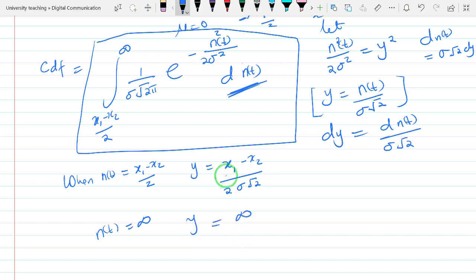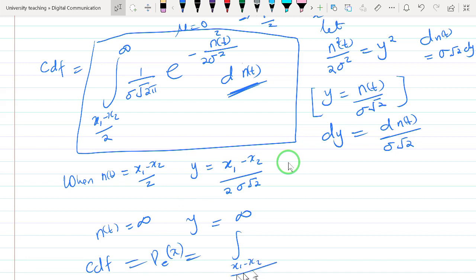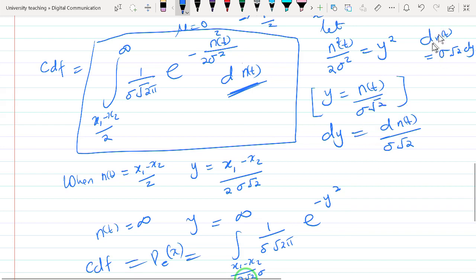So then our CDF, our cumulative distribution function, which is our probability of error, PE, is going to be given by this value of y, x1 minus x2 all over 2 root 2 sigma, 1 divided by sigma root 2 pi exponent. Now this whole of this has become our minus y squared, and our dnt changed to become this value. Remember, this is what we did here.